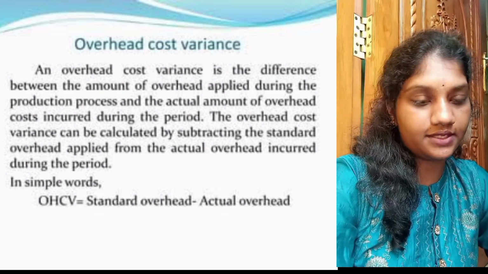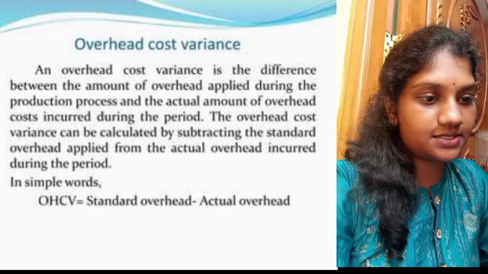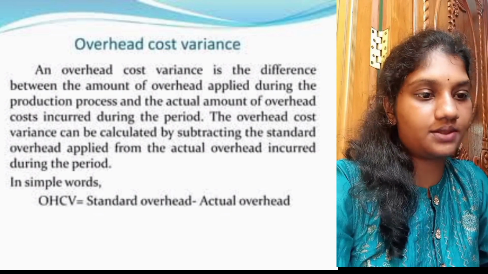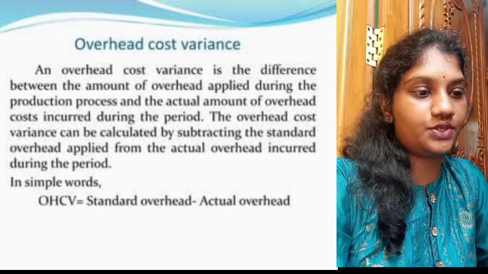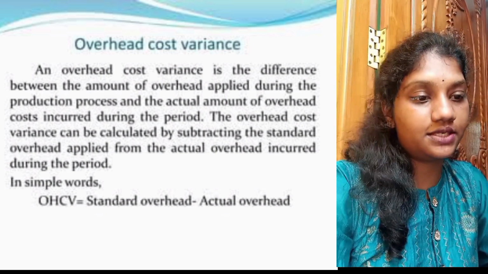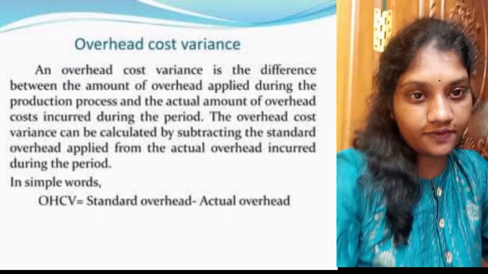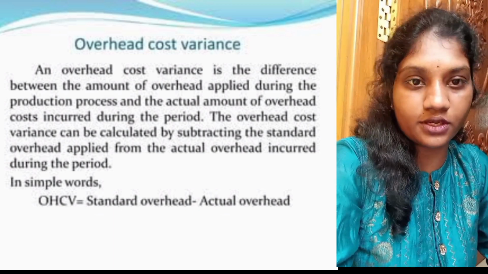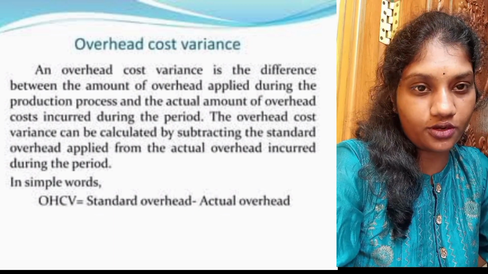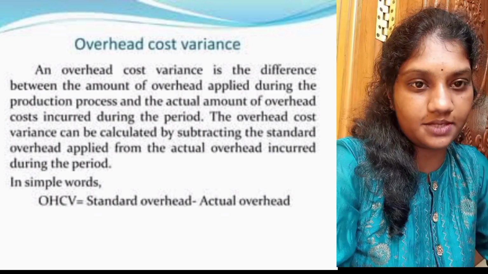Overhead cost variance is the difference between the amount of overheads applied during the production process and the actual amount of overhead cost incurred during the period. Before our production, services or manufacturing, we have a budget planning.